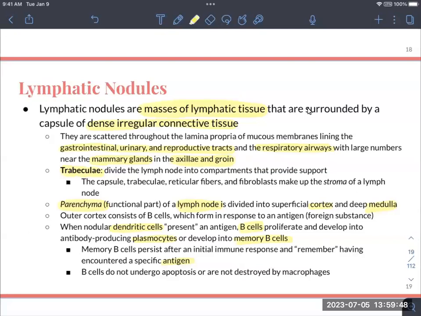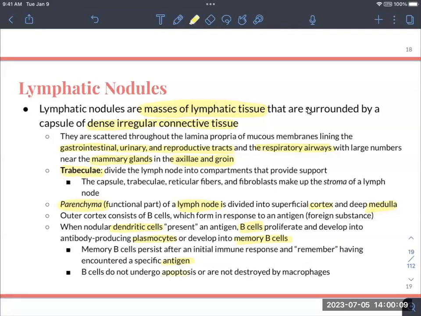We save these memory B cells to remember how to kill any virus you have come across. Your immune system remembers how to kill all of it off.